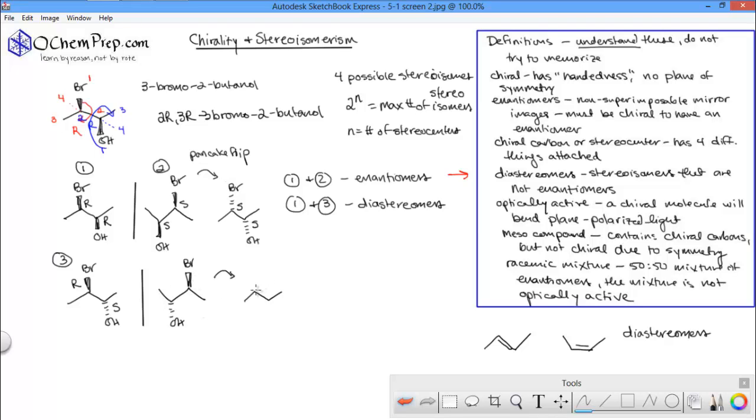As this flips over, the bromine will be going back at this position, and the OH will be coming out. So this will be compound number 4. And so 3 and 4 are another set of enantiomers, or non-superimposable mirror images. And so the relationship between 1 and 3 and 1 and 4 are also diastereomers.